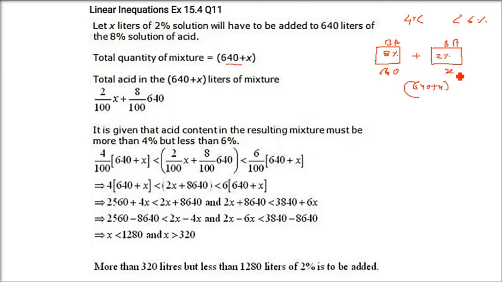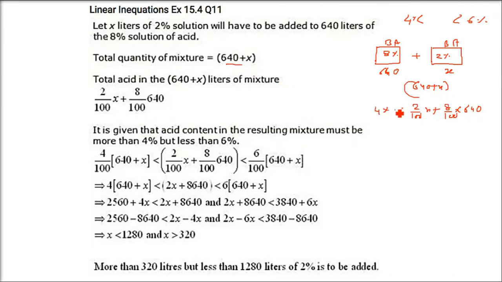When we combine this, it will be 640 of 8% and x of 2%. So 2 by 100, 2% of x plus 8% of 640. So this is the resultant one. When you combine them, total acid is 2% of x and 8% of 640. So it should be greater than 4%.